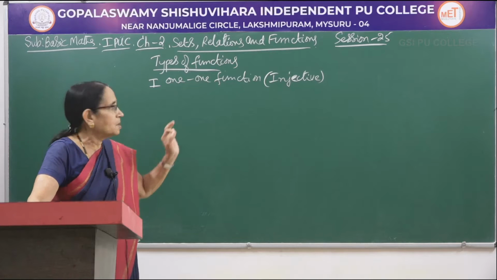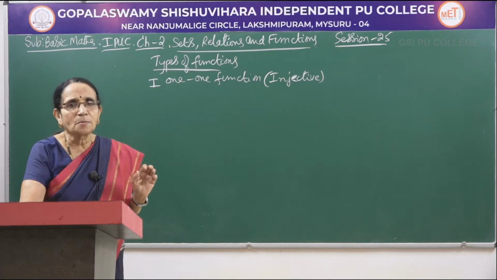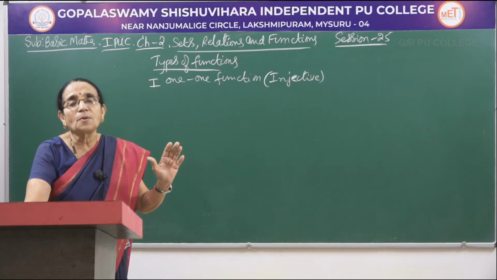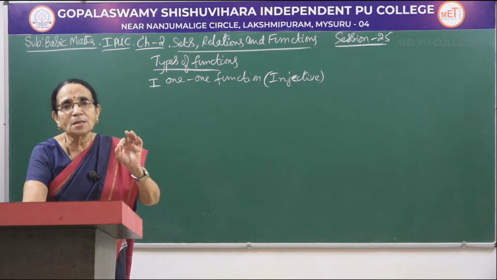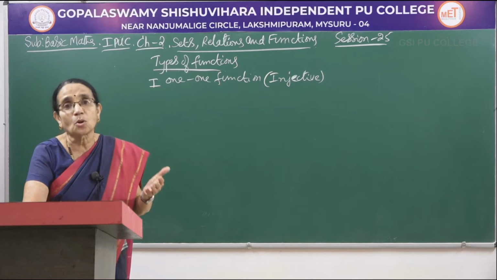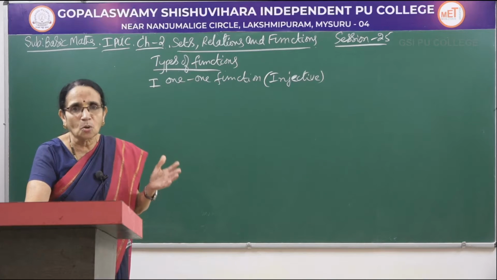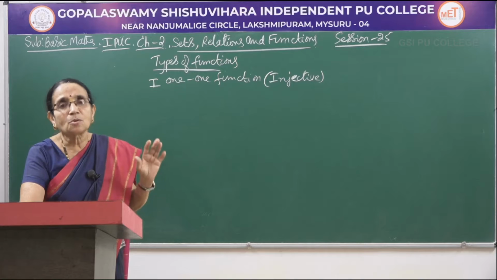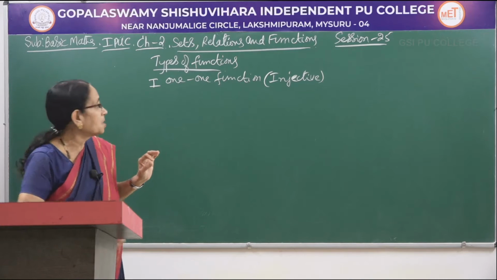See, 1-1 function, the word itself tells that the different elements of the domain will have different images in the codomain. Different elements of the domain have different images in the codomain. Now, that is the definition. So, how do you write this one?